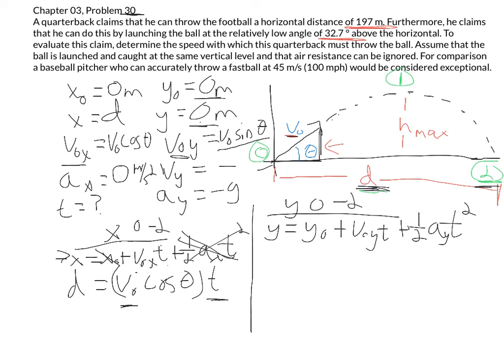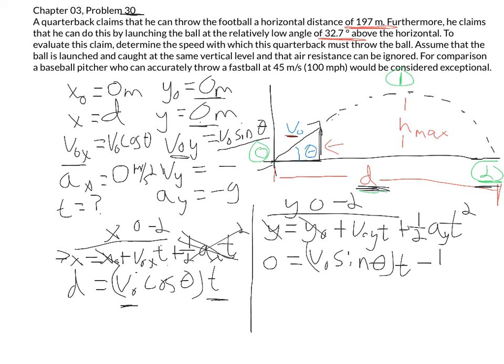We see that y final and y initial are both 0, so we have 0 equals v initial sine theta times t, minus 1/2 g t squared, since negative g is our acceleration.